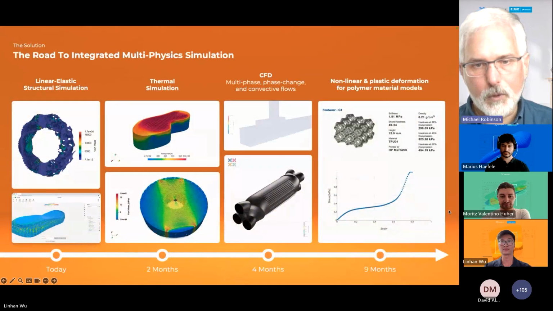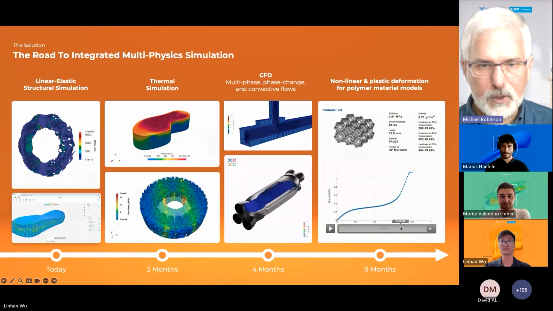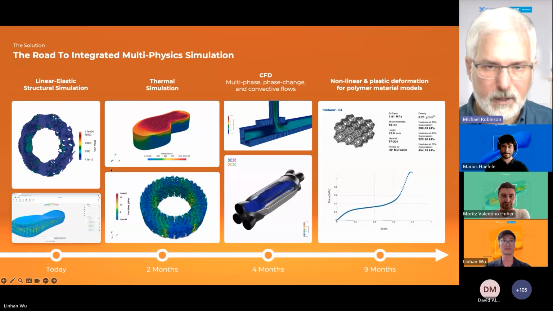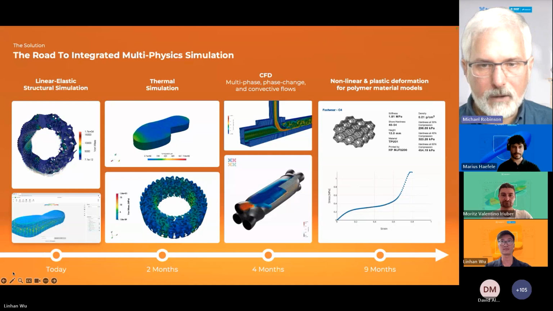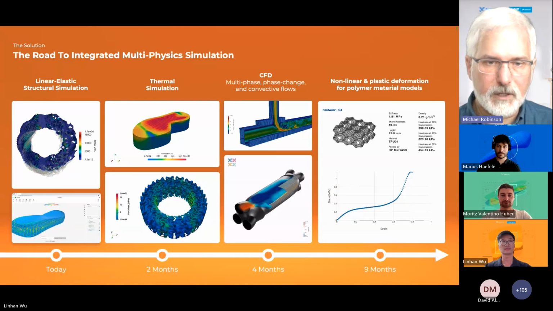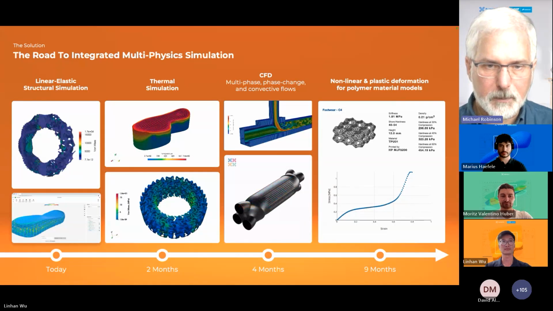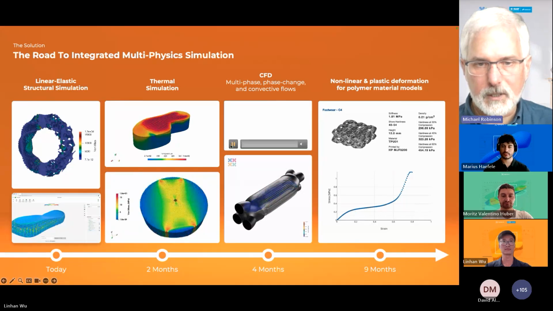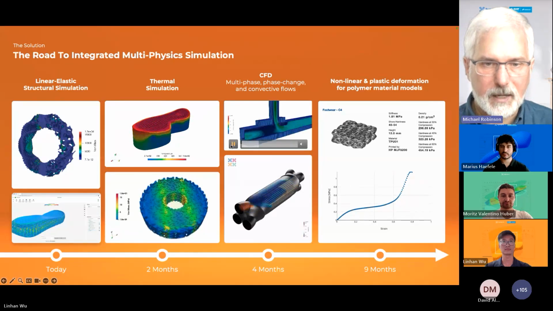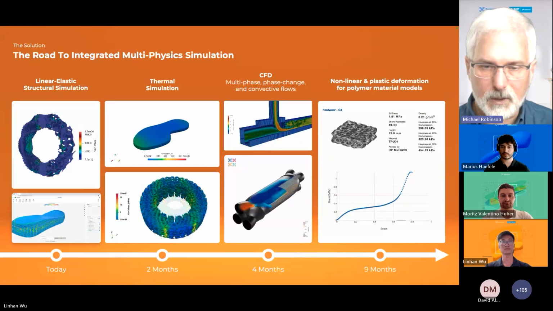Here you can see our roadmap for integrating a full suite of multi-physics simulations into HyDesign. Today, as seen earlier, we have the beta pre-release of linear elastic structural simulation. In roughly 2 months, we plan to release thermal simulation. This is particularly important in metal-based additive manufacturing parts for industrial applications.